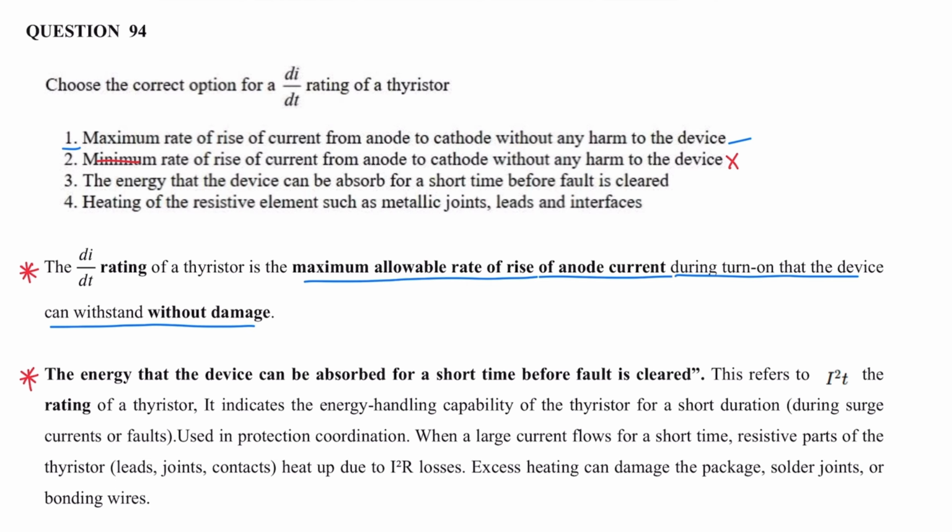Next, statement 3: the energy that the device can absorb for a short time before the fault is cleared. Statement 4: heating of resistive elements such as metallic joints, leads and interface.